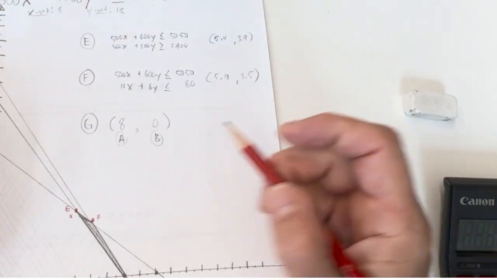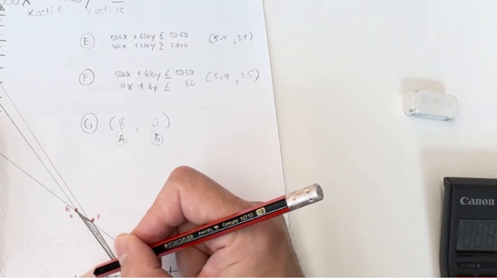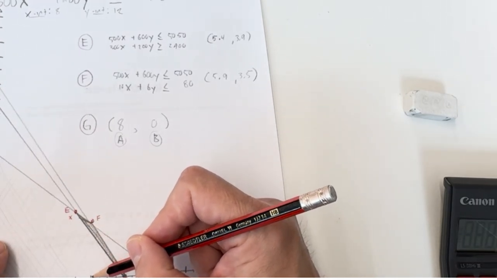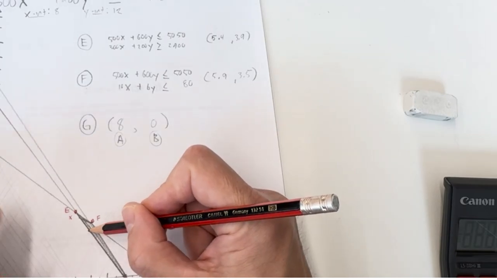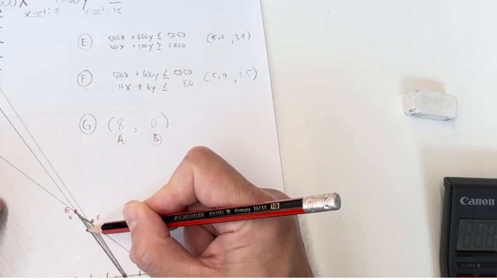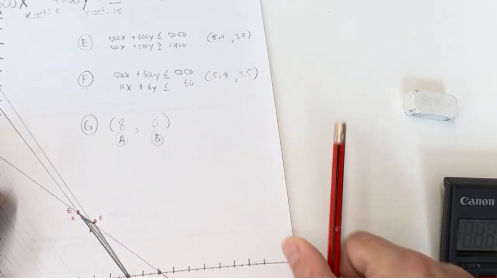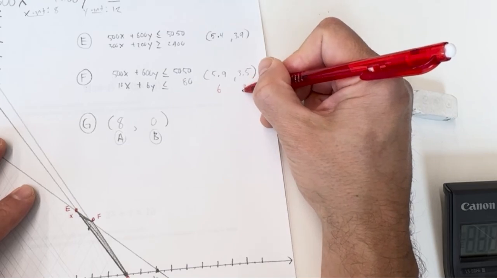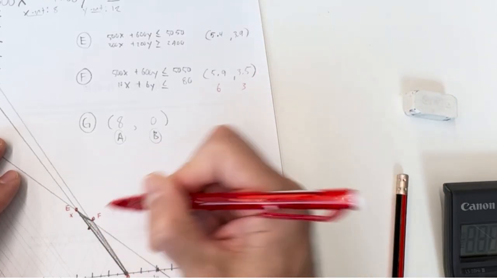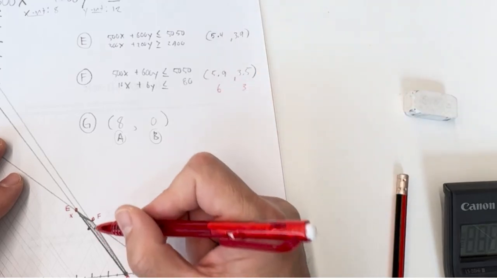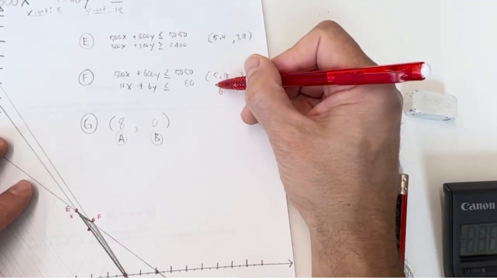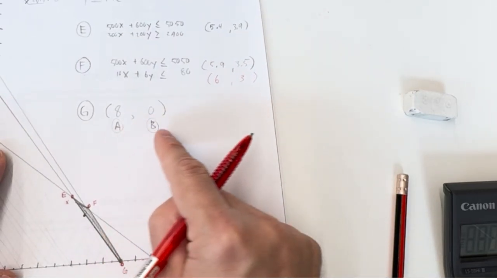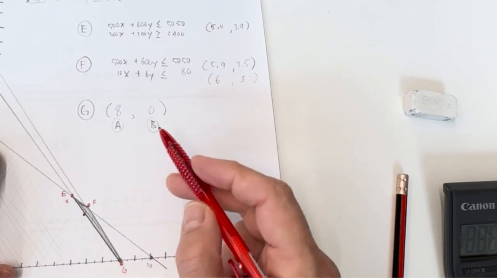So 1, 2, 3, 4, 5, 6 and 4, or so actually 6 and 3 looks like it would be right here. You could test 6 and 3 because it seems to be clearly in your feasible region, or right on your feasible region. So this is one that we could also test, okay? And then 8 and 0, we know it's okay, and we could test that too.